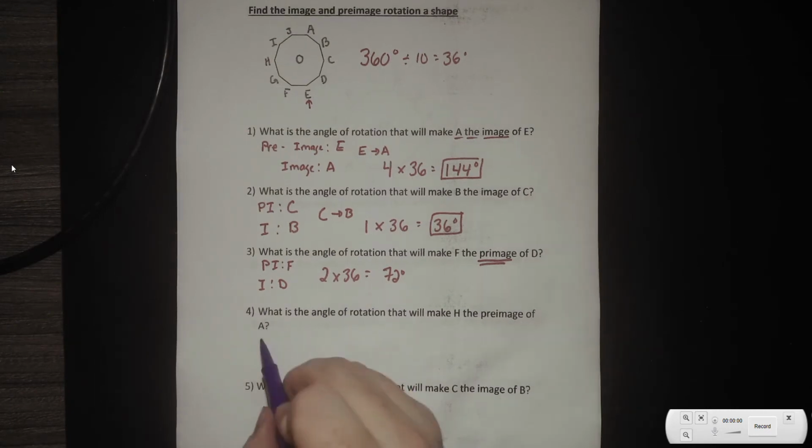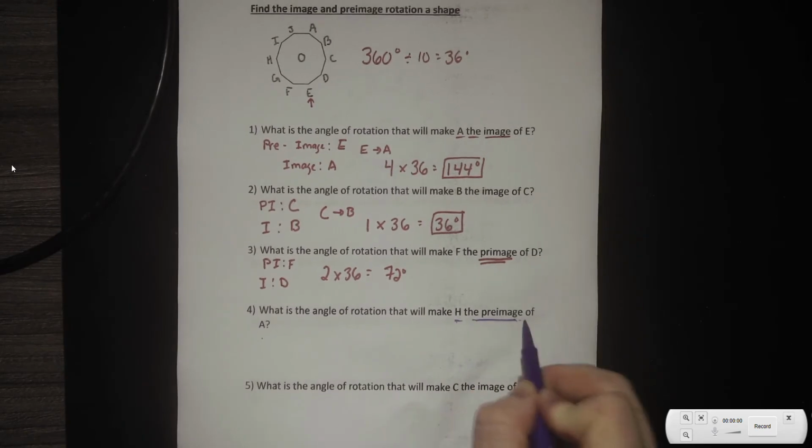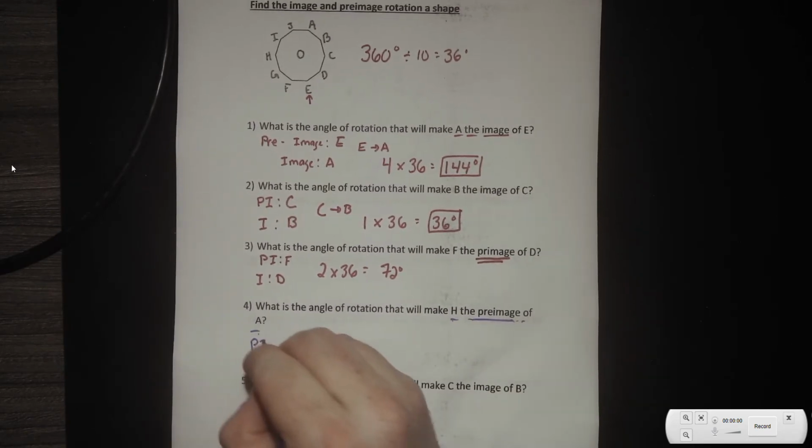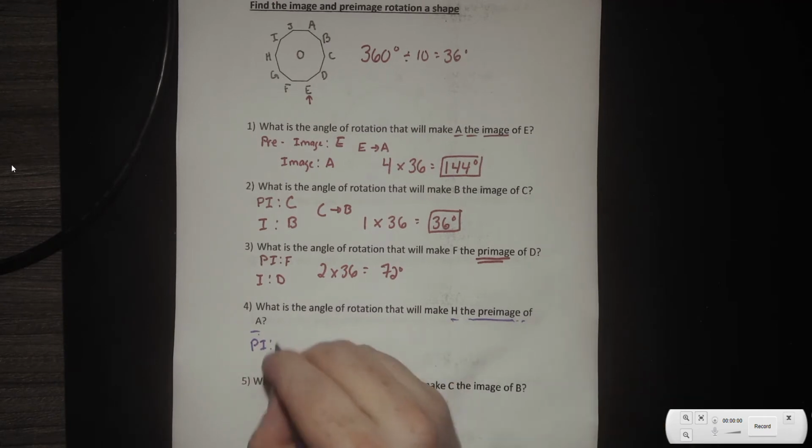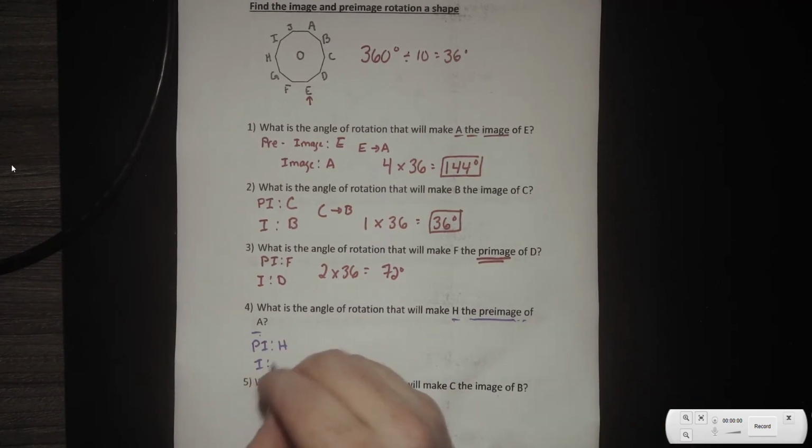Okay. Once again, we're going to make H the preimage of A. So H is the preimage, A is the image.